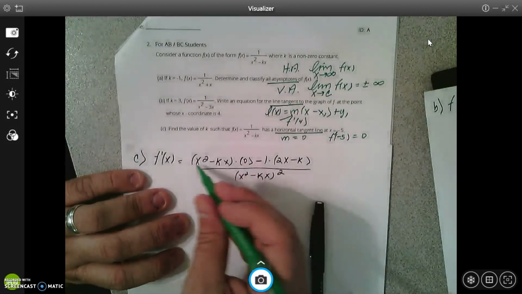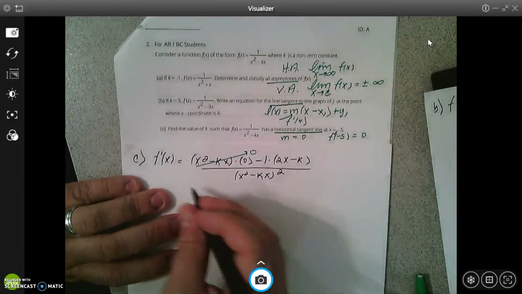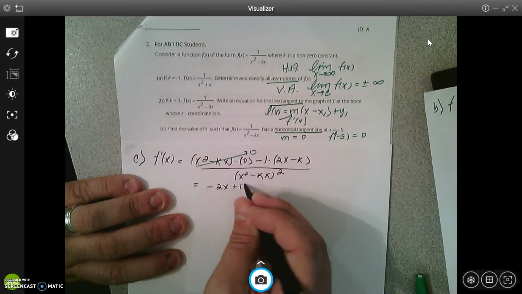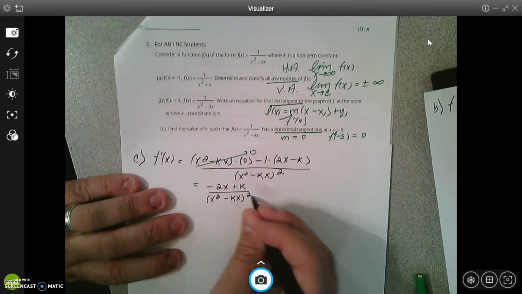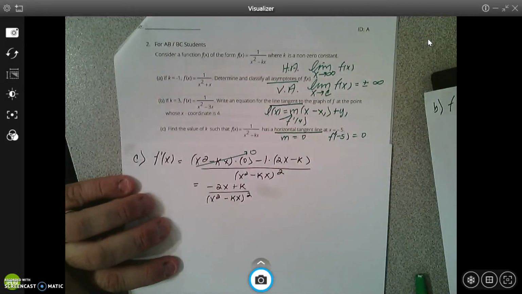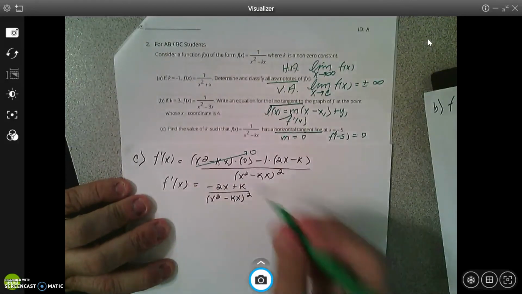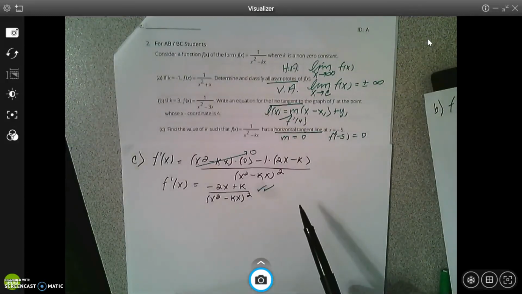Again, x squared minus kx times 0, that's all 0. In the numerator, I'm going to distribute that -1 through. We get -2x plus k. In the denominator, x squared minus kx, the whole expression squared. This is f prime of x. I believe we awarded 2 points for the derivative because it's a little more complicated here.